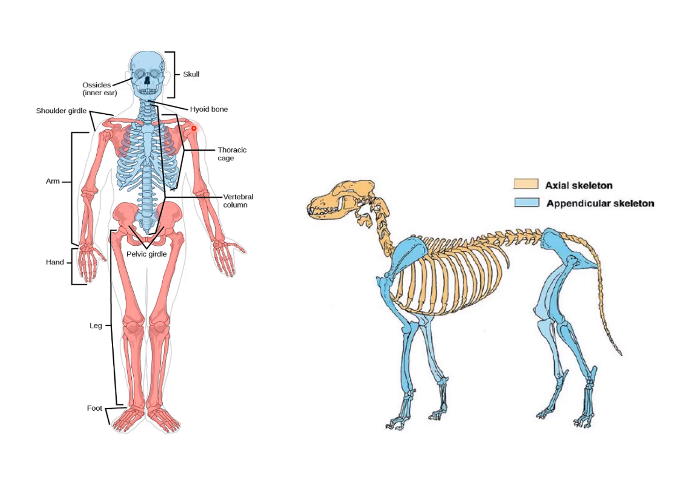The appendicular skeleton is made up of those bones that are attached to the axial skeleton, like the pink colored bones. They include the forelimb girdle, the forelimb, the hind limb girdle, and the hind limb.